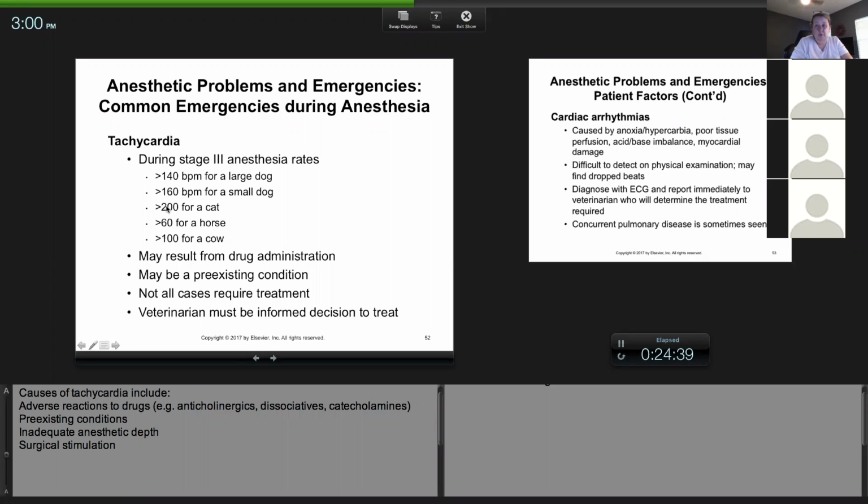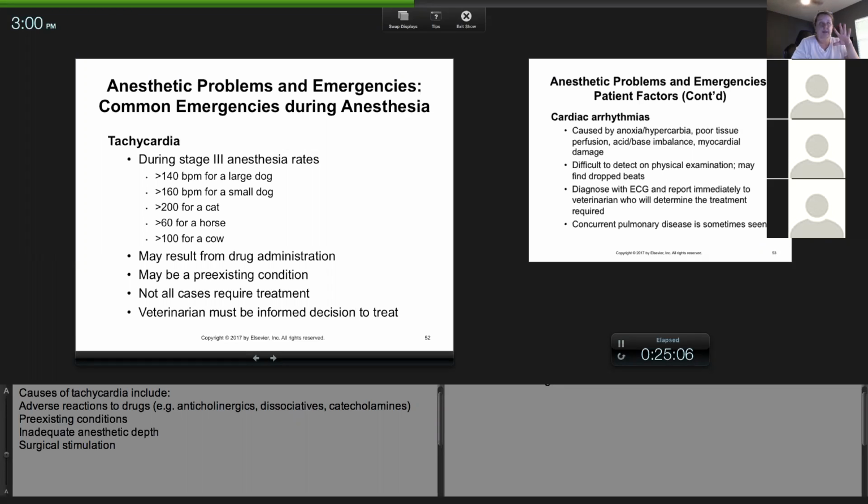Cats that are above 200 to 220, that's pretty fast. But a lot of times that can come from drugs like ketamine. Can be a pre-existing condition if you have a hyperthyroid cat. Remember I told you hyperthyroid cats often are tachycardic due to high metabolism or high circulating thyroid hormone, makes them edgy.